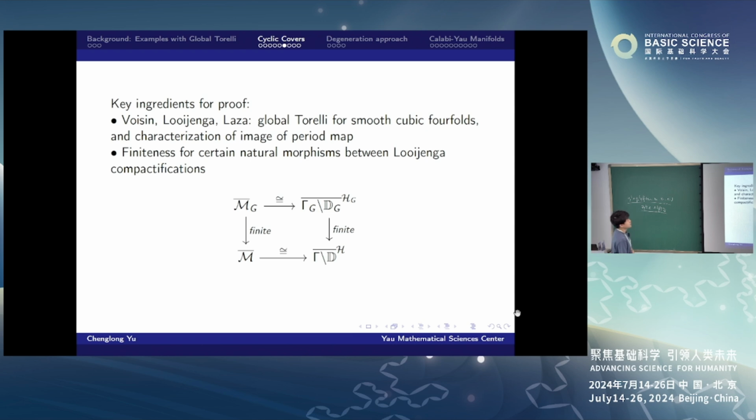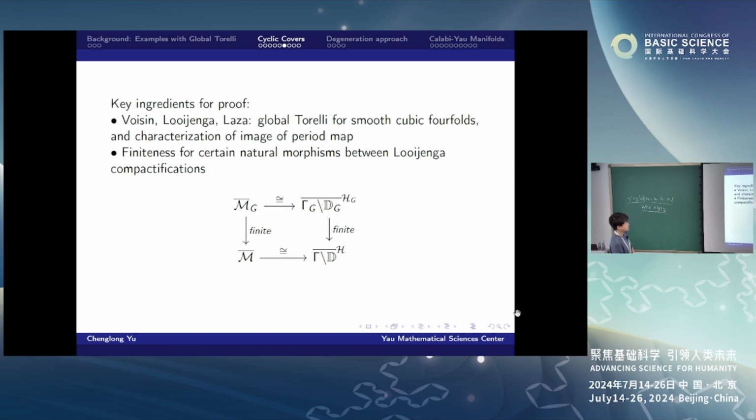All right, so this is global Torelli for all these cubic fourfolds, and Laza has a very detailed characterization of the image of the period map, and using Loyang's work on compactification of this type 4 domain quotient, then they have some results in this form for the moduli space of all cubic fourfolds.